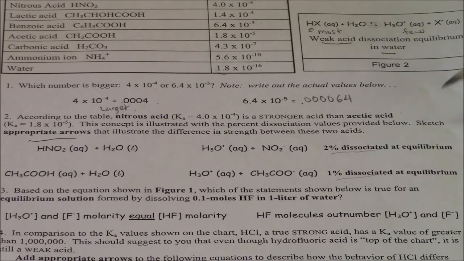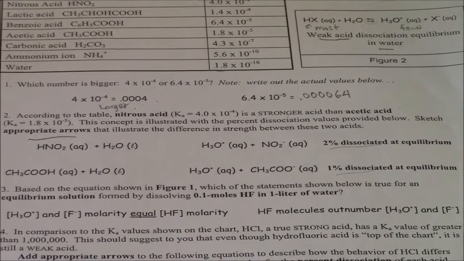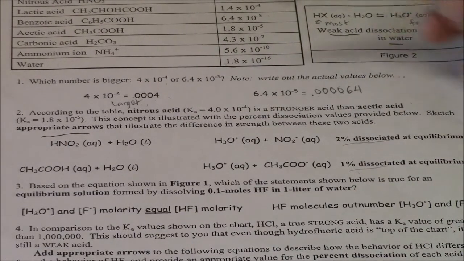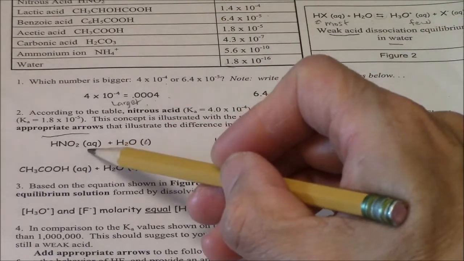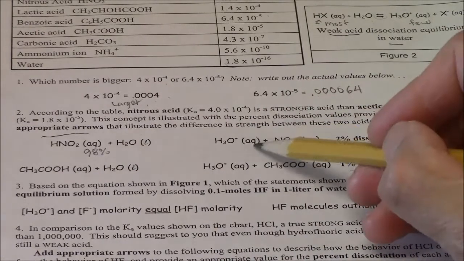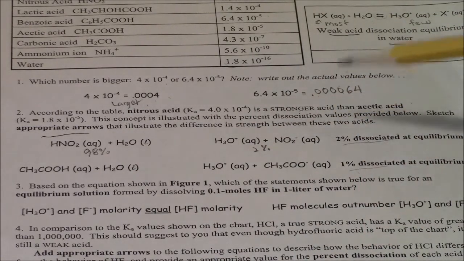The nitrous acid is 2% dissociated. We can represent this perhaps more easily with arrows. 2% dissociated means 98% associated. So 98% is here. 2% is here. That's an example of the few.